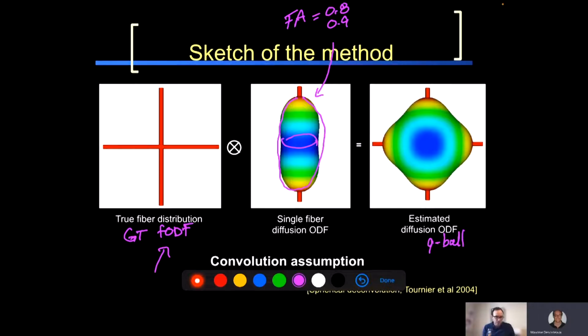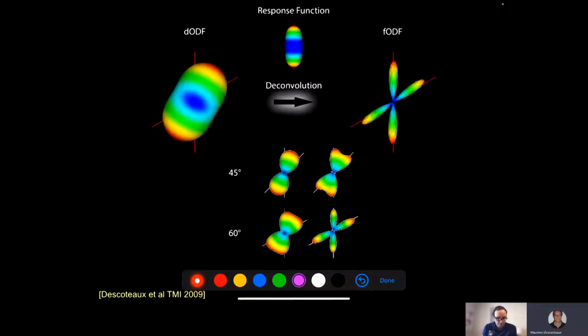And this can be seen either in the signal world with donuts and weird shapes, or in ODF world via the Funk-Radon Transform. So I think it's easier to imagine for first comers in the world of ODFs, but this can be seen in the world of signal. And so if we have a 60-degree diffusion ODF, sorry, and we know the response function, so we kind of have an idea of what this blurring is.